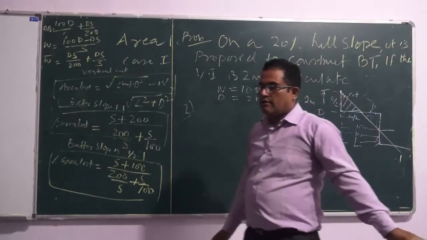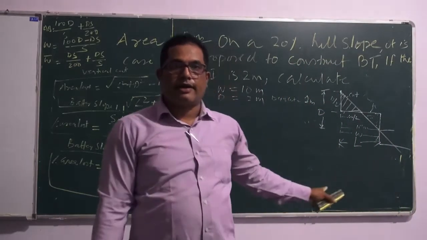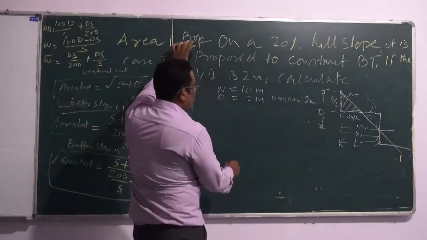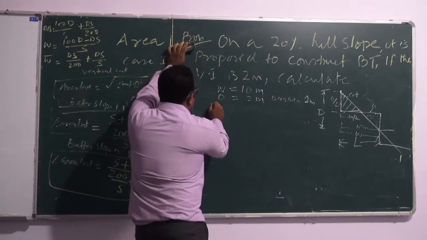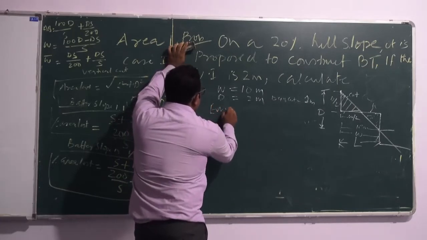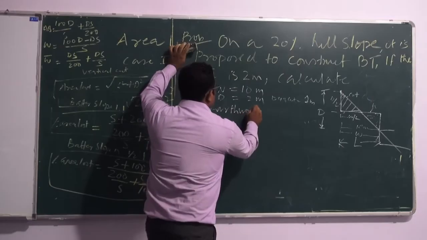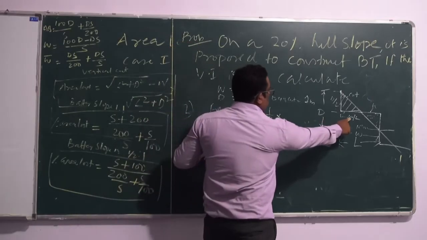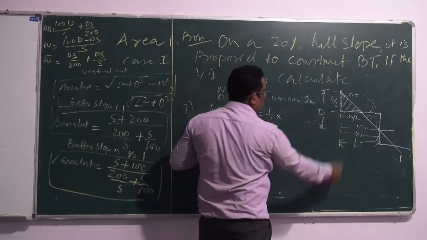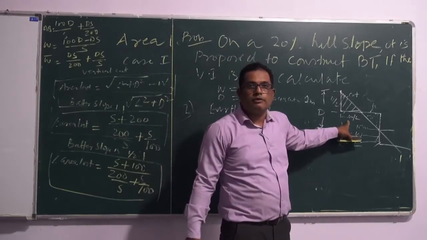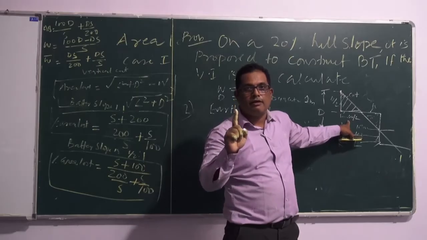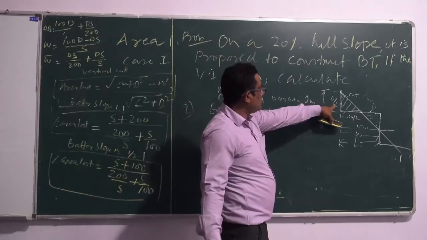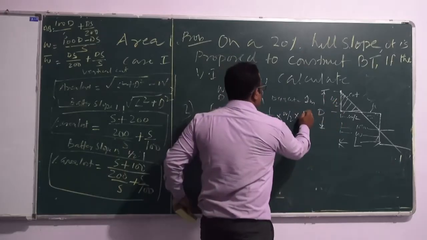So geometrically, it's a right angle triangle. For a vertical cut, the earthwork will be half into base W by 2. What is W? W is 10 meter, into depth D by 2.